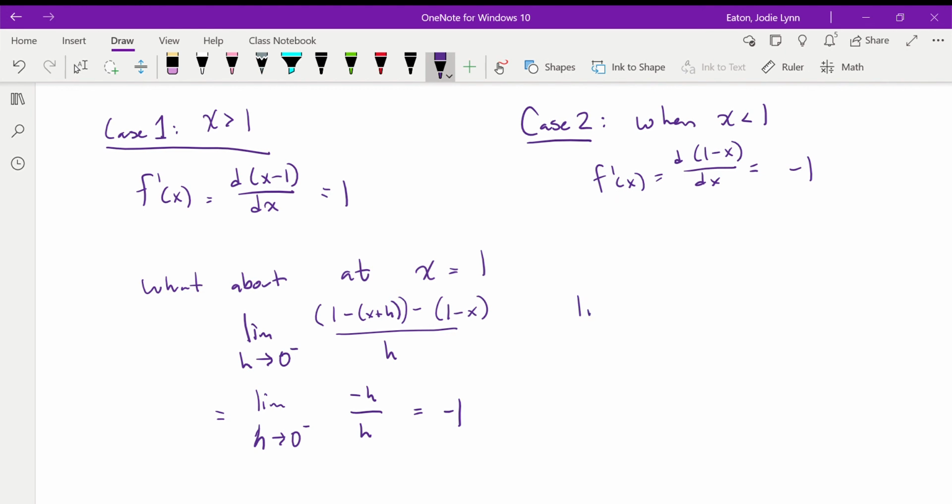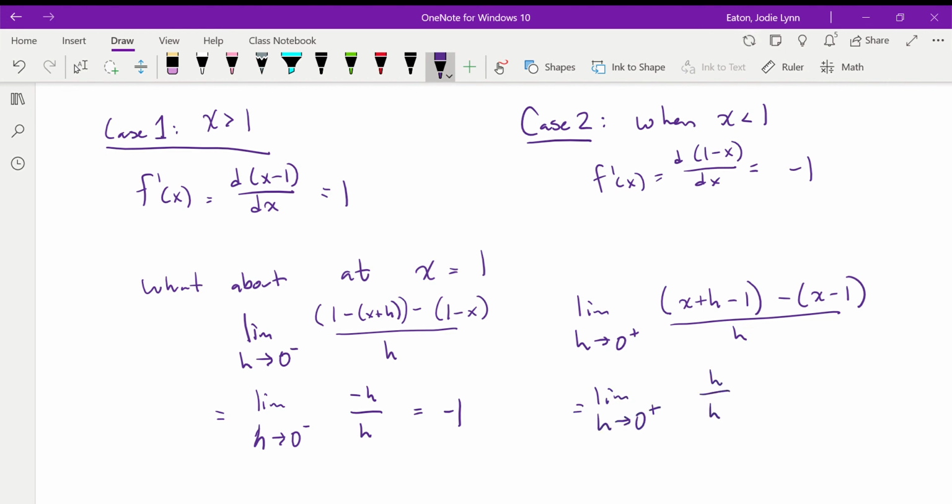And the limit as h approaches 0 from above is going to be x plus h minus 1, minus x minus 1, all over h, which is just equal to the limit as h approaches 0 from above of h over h, which equals positive 1, because we can cancel there.